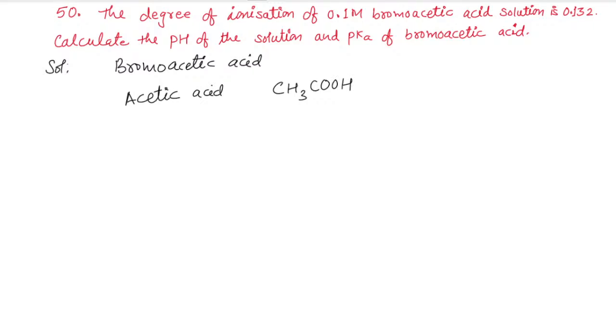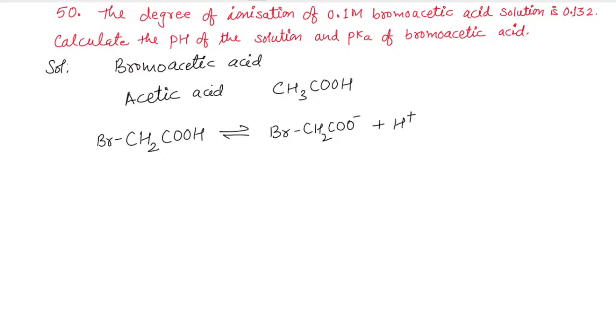So bromoacetic acid means one of the H on the carbon is replaced by bromine. So this is bromoacetic acid. It is also a monobasic acid, right?